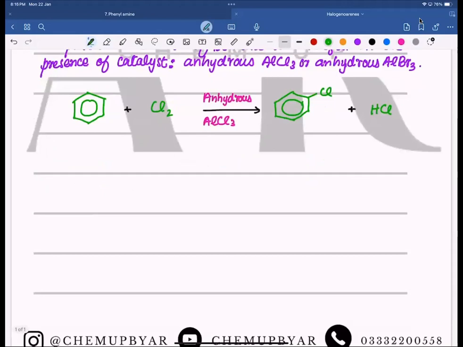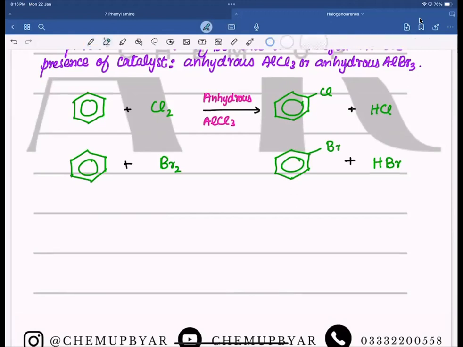In the same way, if we have to make bromobenzene, all the mechanisms we did in benzene, so I'm not going to discuss the mechanisms again. It reacts, forming bromobenzene and HBr, and here anhydrous AlBr3 is used. Is this clear?